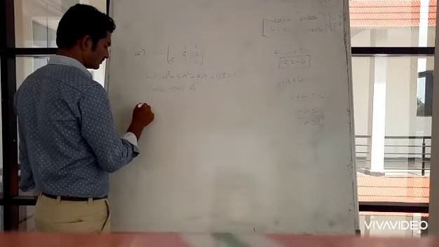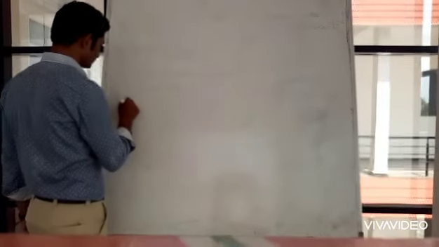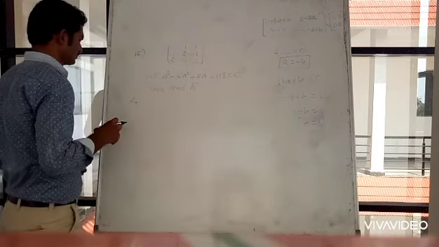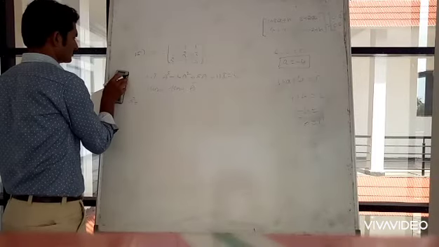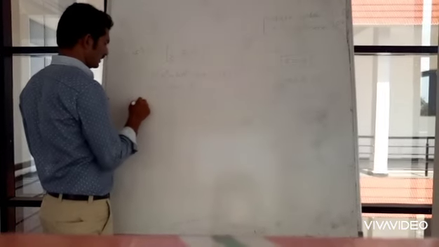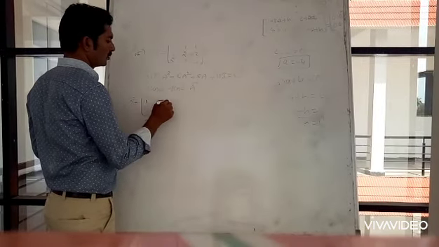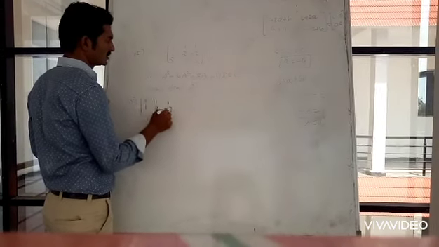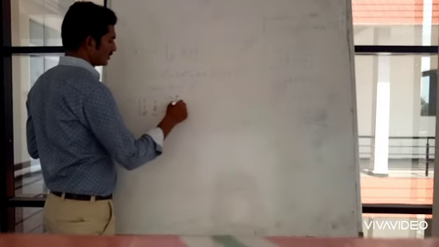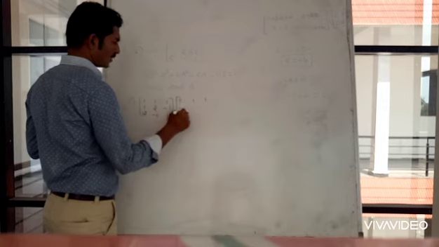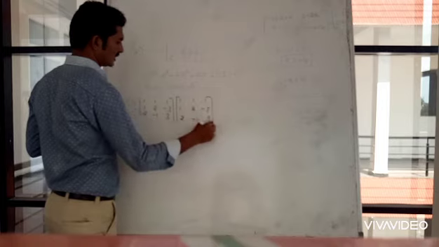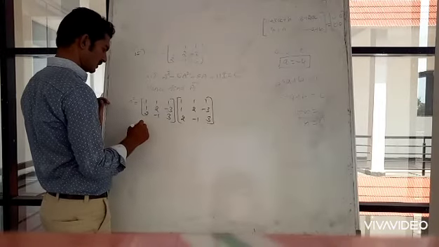So A square is equal to A into A: 1 1 1, 1 2 minus 3, 2 minus 1 3 times 1 1 1, 1 2 minus 3, 2 minus 1 3. Take the product.